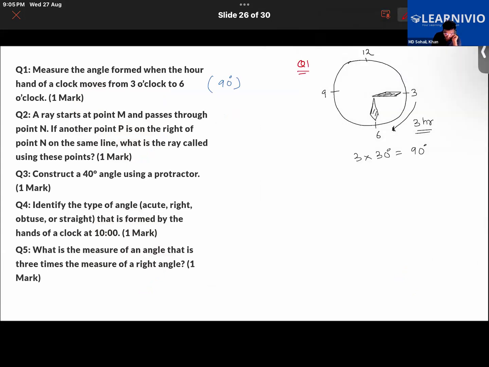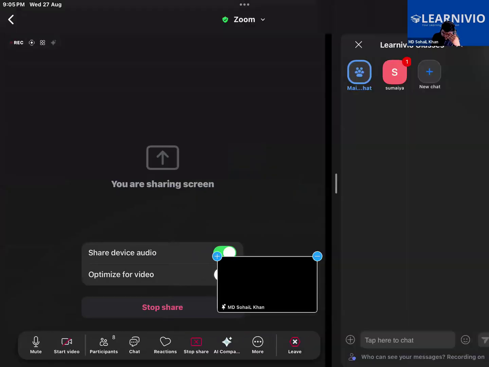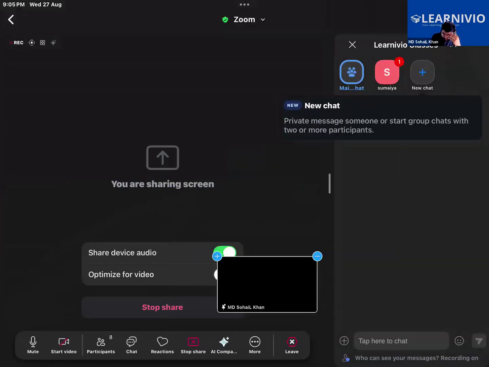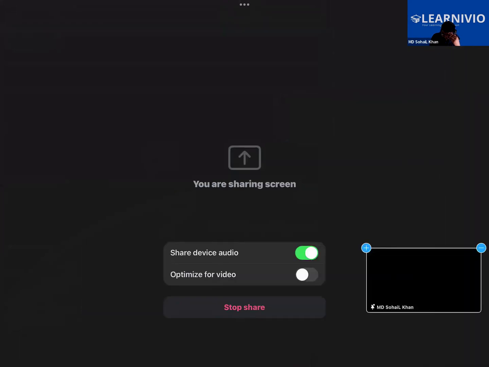Now you guys attempt the second question. The question says a ray starts at point M and passes through point. What have you answered for this, Laksh? Answer number 4 you have given, and 5, let me check that. Sumaya, please do not answer on this ID. Answer on the other ID.